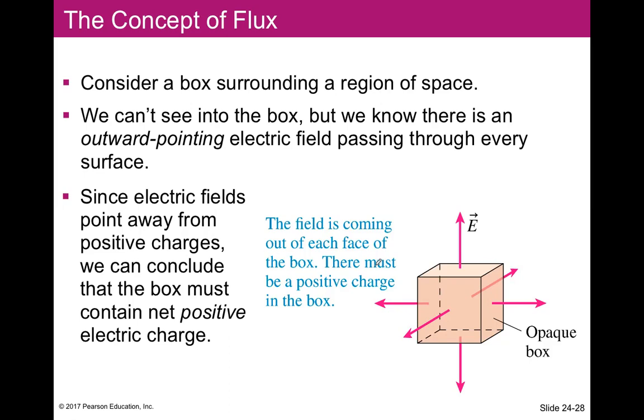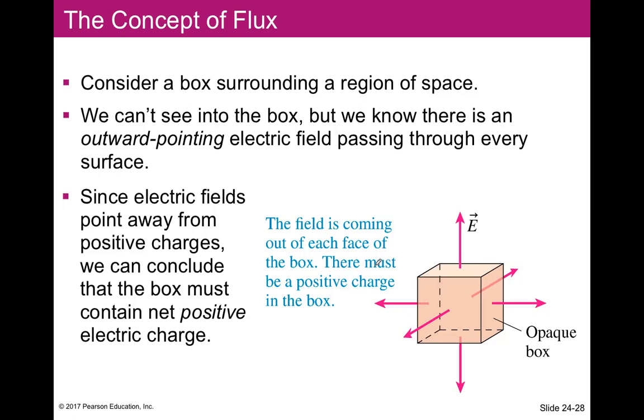It cannot be a negative charge, right? If it were a negative charge, what happens? It should be going inside the box, but now it's going out. That's telling us there must be some net positive charges generating the field lines.